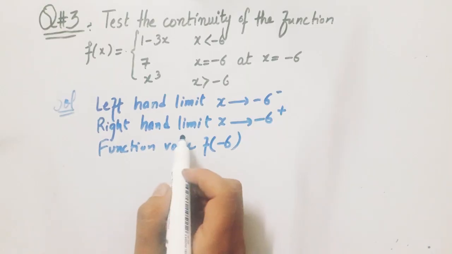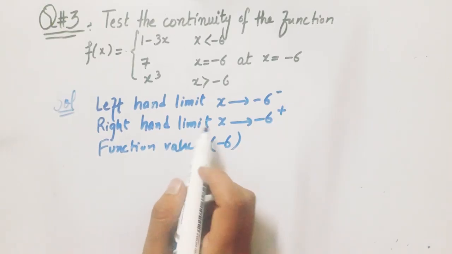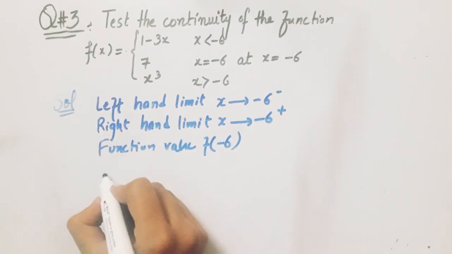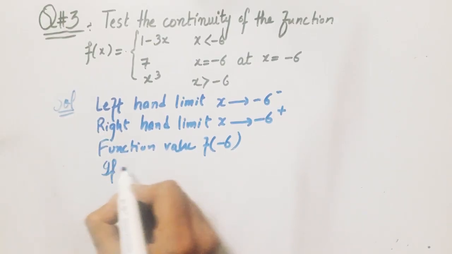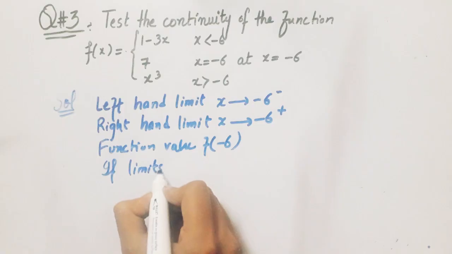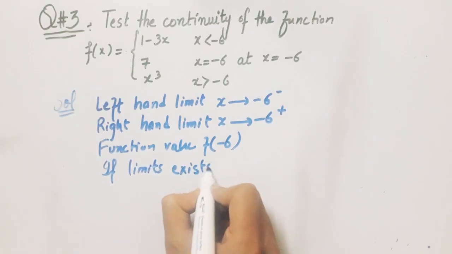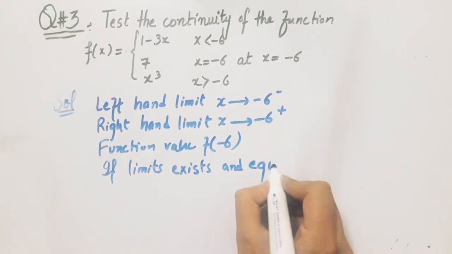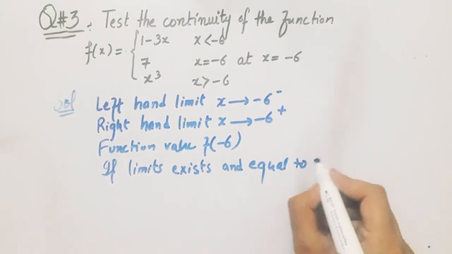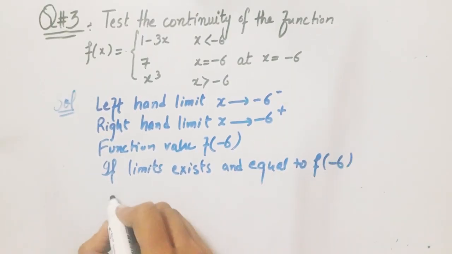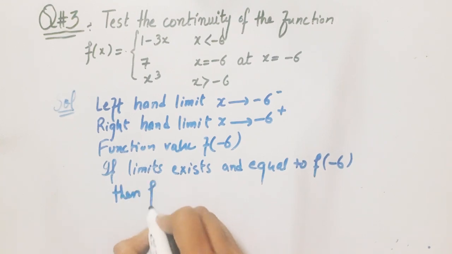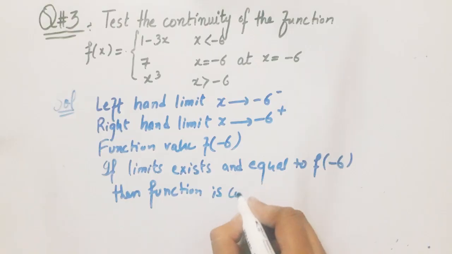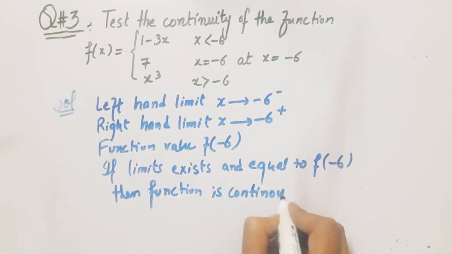If both limits exist and are equal to f(-6), then you will say the function is continuous.